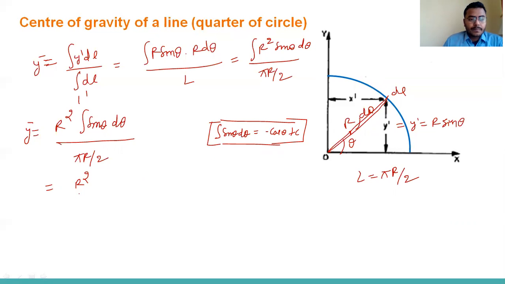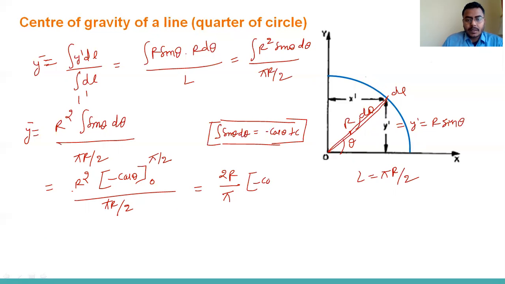So r square, minus cos theta. The lower limit is 0, upper limit pi by 2, divided by pi r by 2. So by simplifying, we can write 2r divided by pi, minus cos pi by 2 minus cos 0.